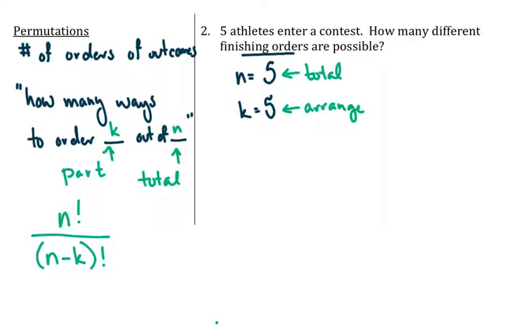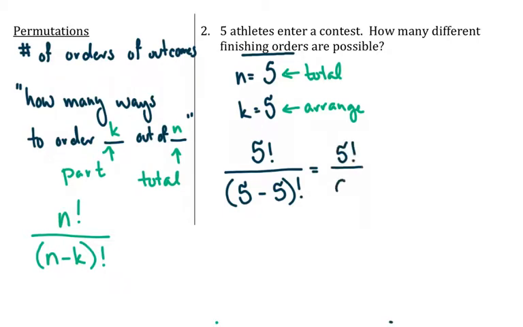So knowing that is the formula, we can plug it in here, meaning that n factorial is 5 factorial over parentheses n minus k, and we're left with 5 factorial over 0 factorial.